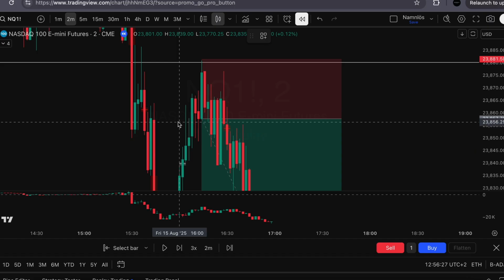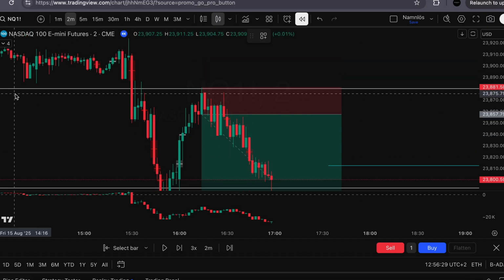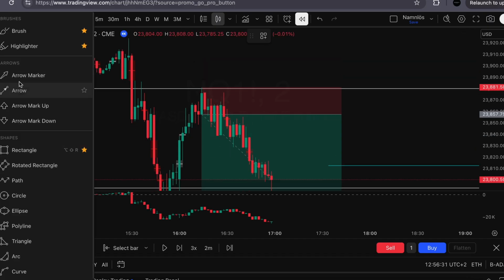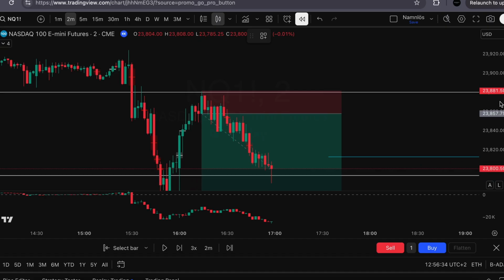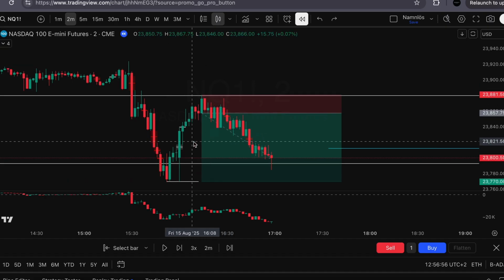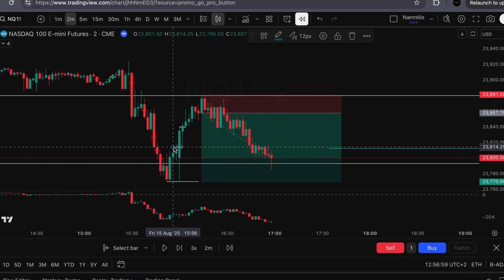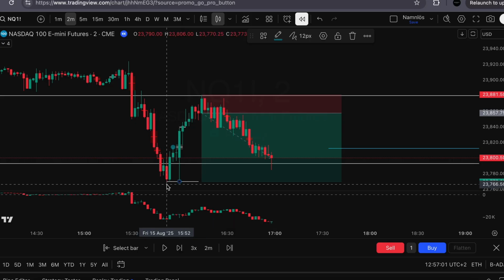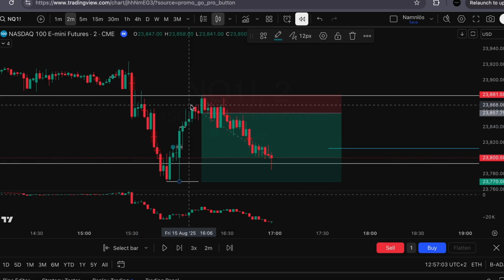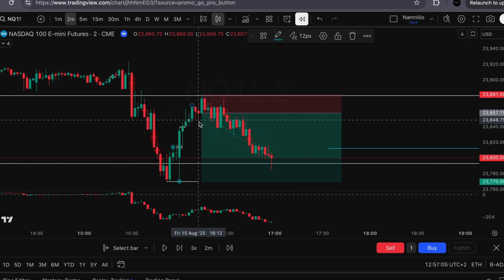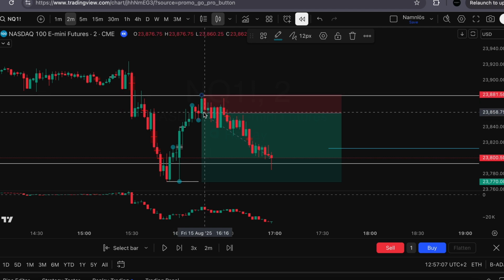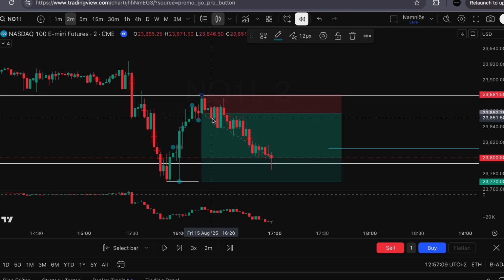If we look at the left, it's not the best structure, but it was like a higher high, higher low. We had an SMT there also. Higher high, higher low, higher high. And when we came below this level, I confirmed it as a change in state of delivery.